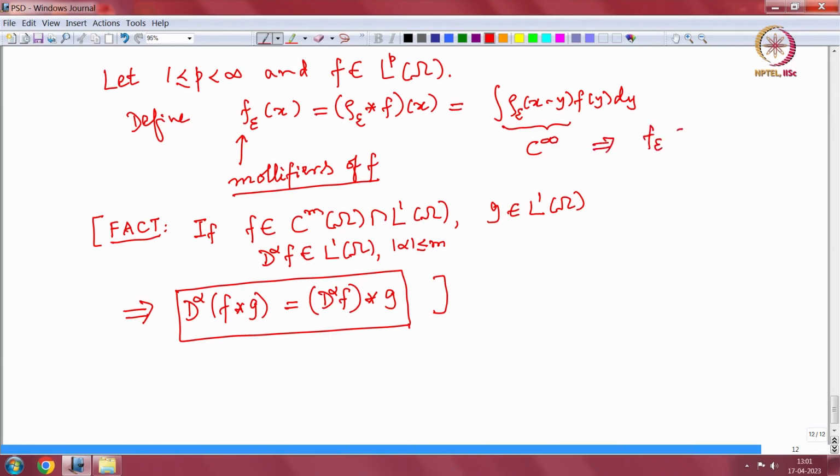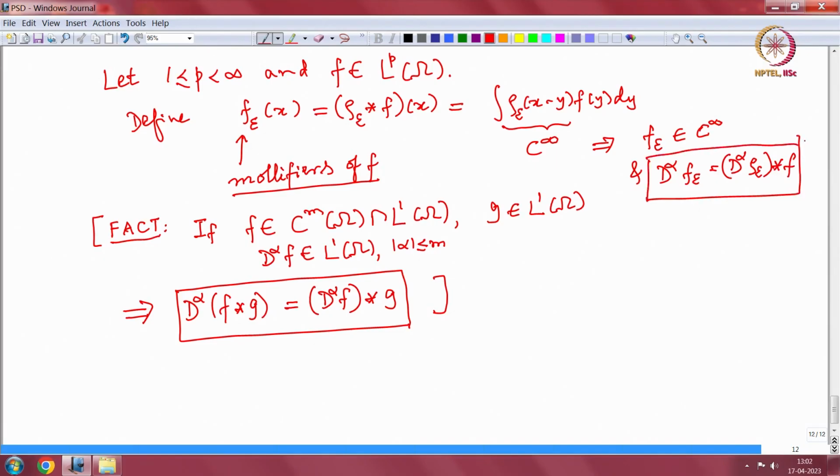So f epsilon is C infinity, being the convolution of the two functions rho epsilon and f, and d alpha f epsilon is d alpha rho epsilon star f. We are not going to use this right now.